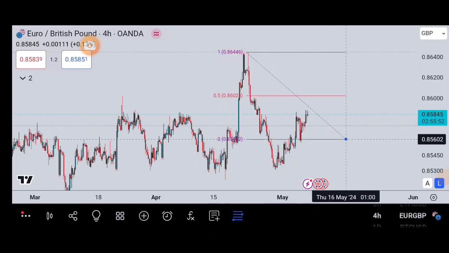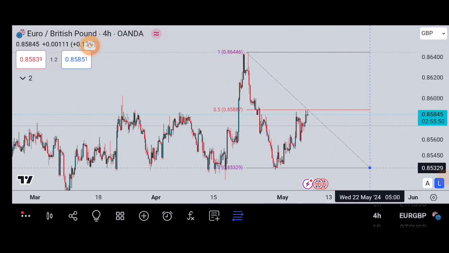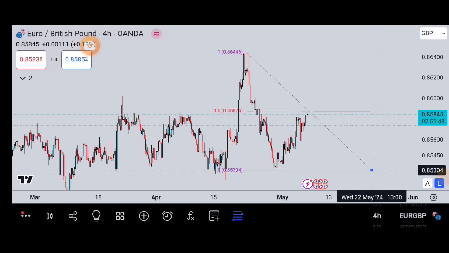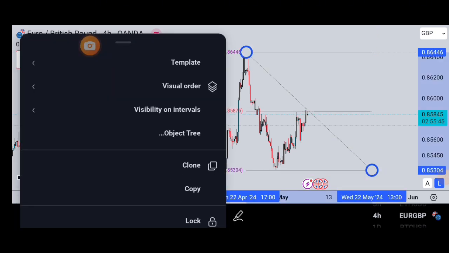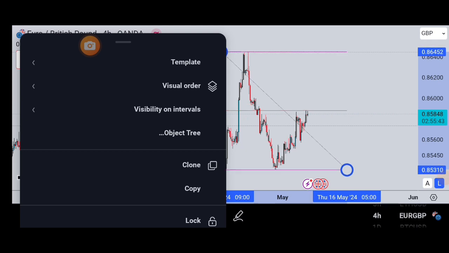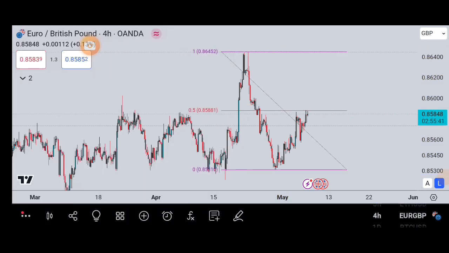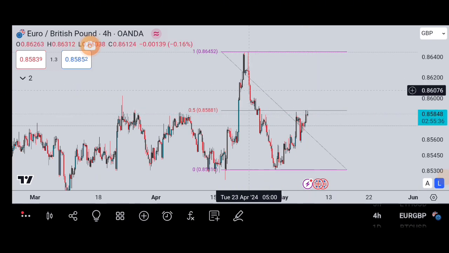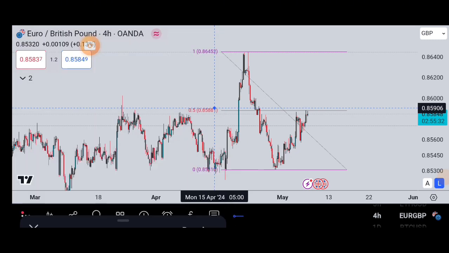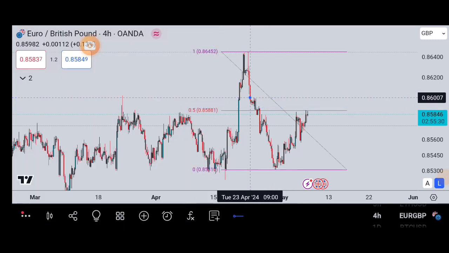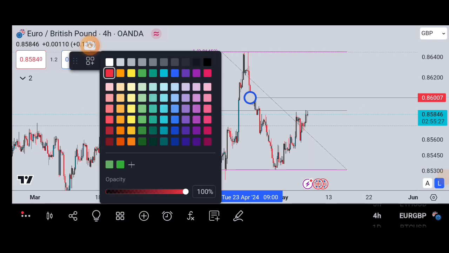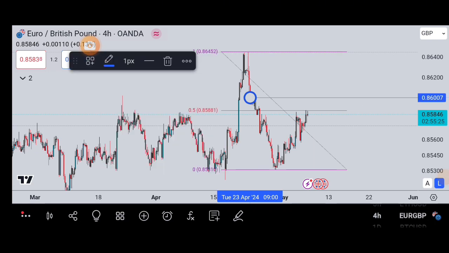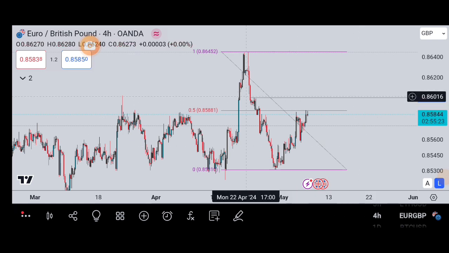So from that high to the low, currently we are inside that equilibrium point, right? And above here we can see we have some liquidities. So we have liquidities above there paired with that fair value gap. So above it also we have this fair value gap as well as this fair value gap.